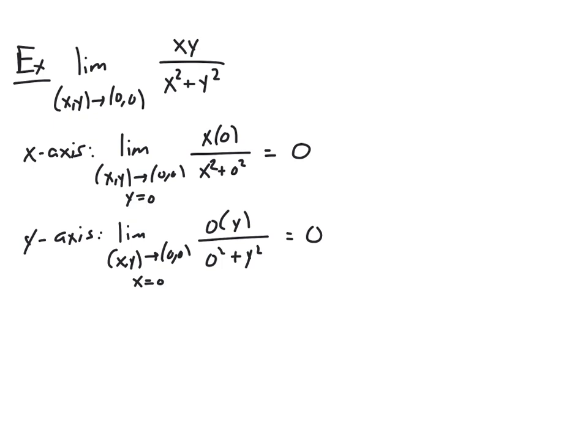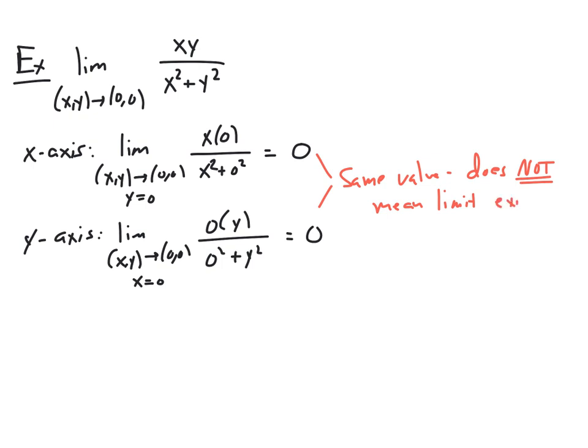Now, at this point, you might think, oh, these are the same value, so the limit must exist. One thing I want to point out here is that just because these are the same value, this does not mean the limit exists.